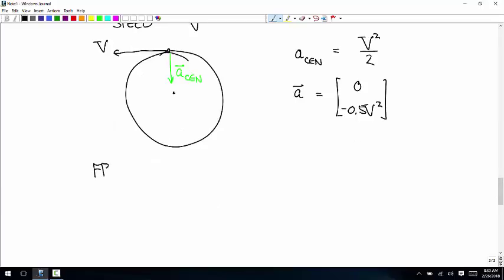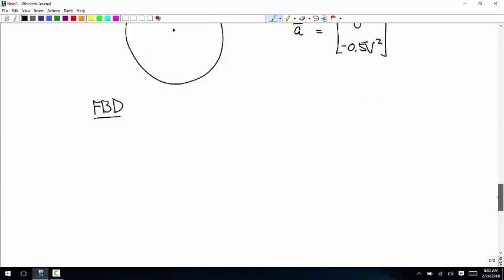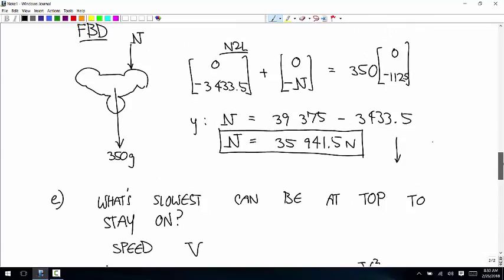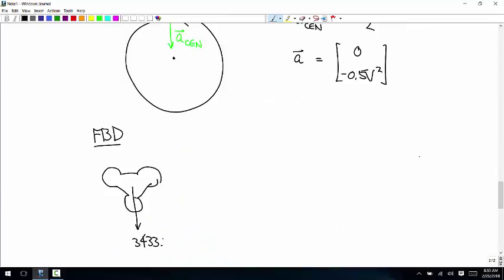Now do a free body diagram of the motorcycle. There's a weight force down of 3433.5.